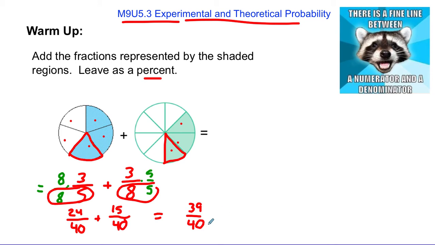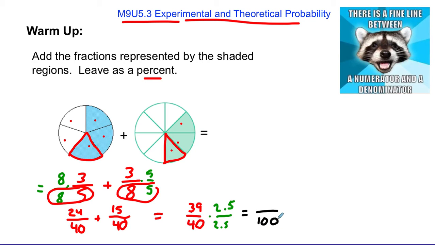And if you figure out what to change this into, we want to change the denominator to make this a percent. We want to change the denominator into 100, and so what we can do is figure out what we can multiply by. If you multiply top and bottom here by 2.5 and 2.5, this is one way to turn this into a percent, because the denominator will give you 100.